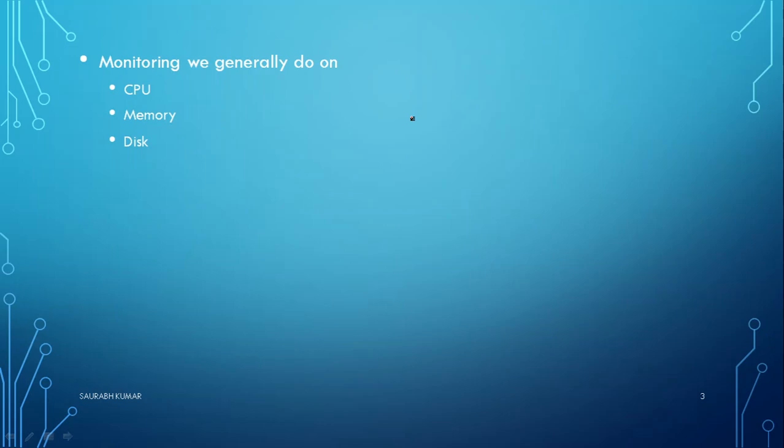If you are writing or reading data, the percentage goes up, and when you are writing multiple data at a time, it may go even higher. We monitor application services: if you are running an application or offering any service through it, you can monitor how it is performing. Then you can monitor the operating system related services. These are the things we generally monitor.